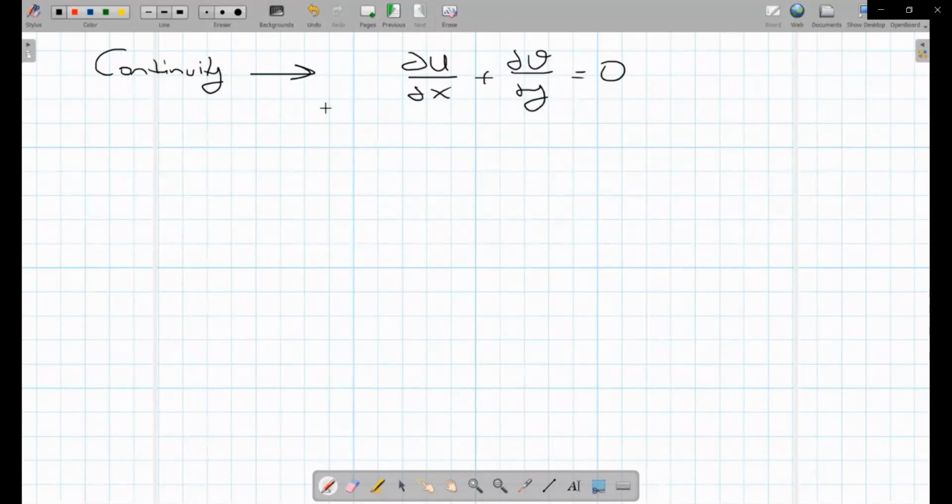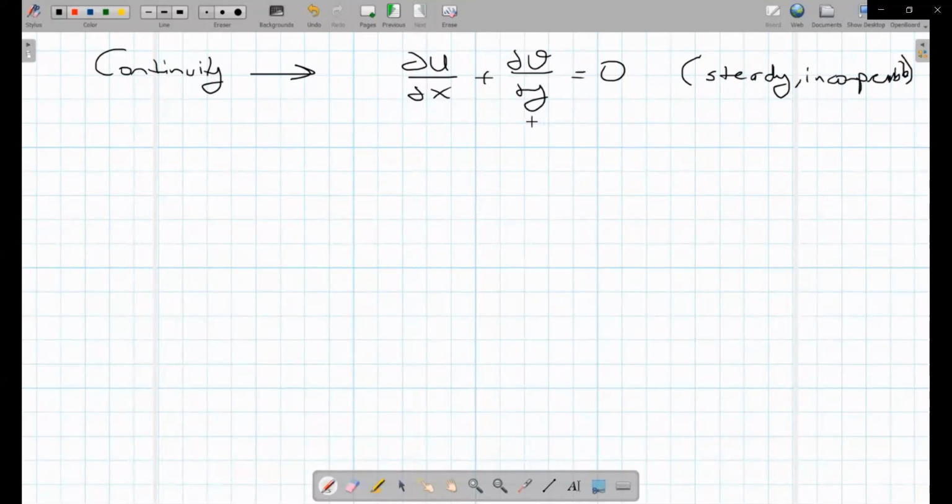Our governing equations, whether they are continuity or momentum, don't care if the flow is turbulent or laminar. Our only assumption here is that this is steady state flow and incompressible flow. The equation that I've just written is valid under these conditions, but it doesn't say if it's laminar or turbulent. This equation is valid for all.